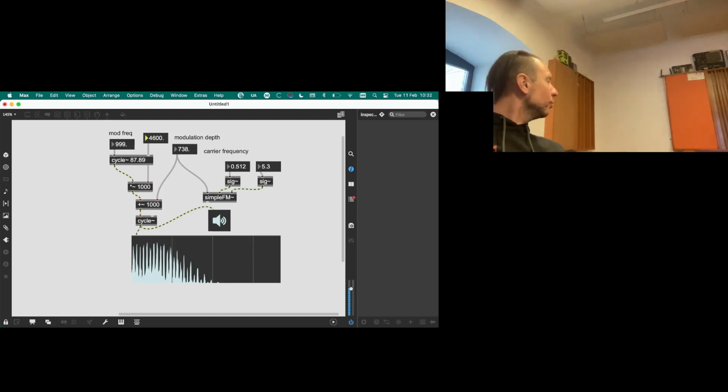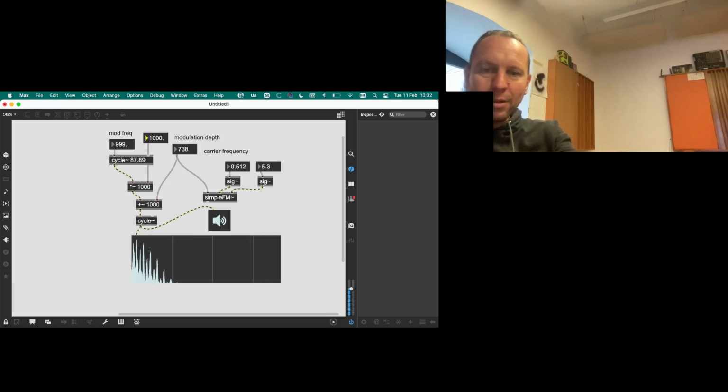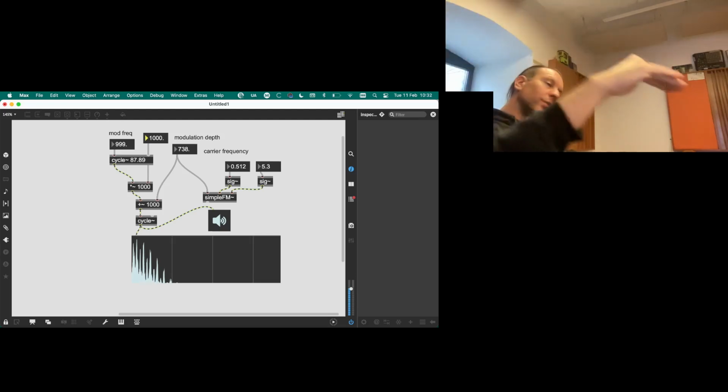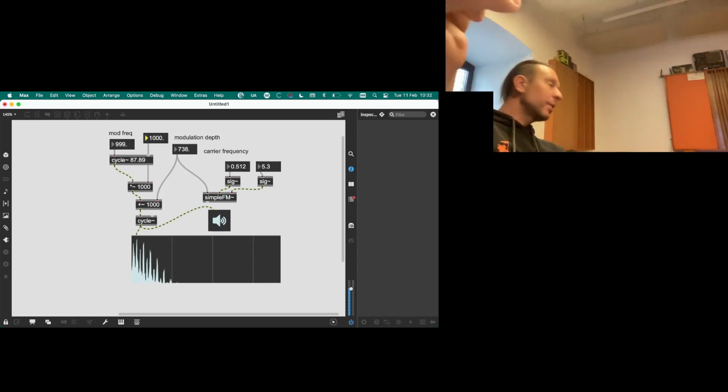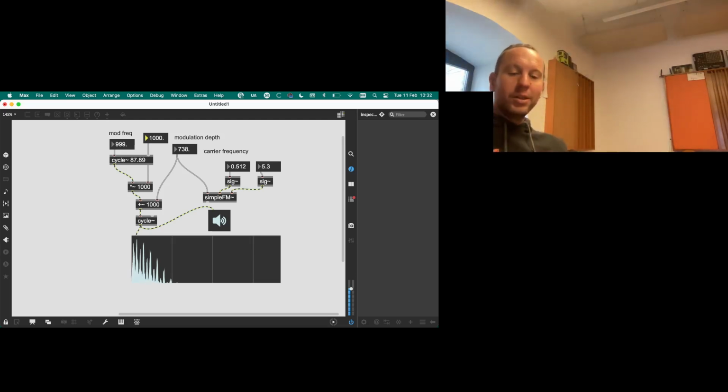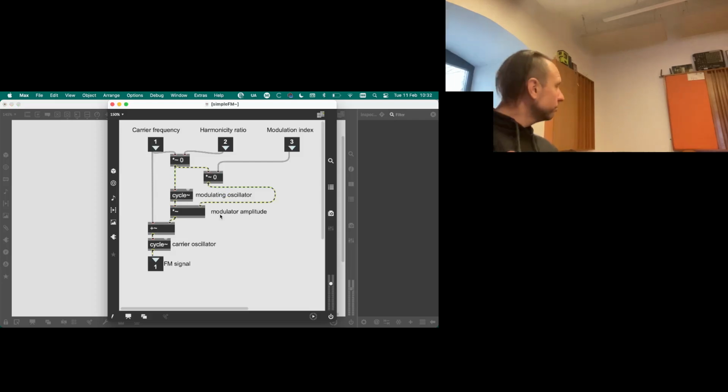You see, you get a different level of things. If I do only 1000 here, you see, in relation to the fundamental, the harmonics have a different slope. In some cases they are higher, in this case they are lower. So again, this means that if you make a keyboard instrument based on this, the timbre will change for different notes. But in this case, it won't, as I showed you, right?